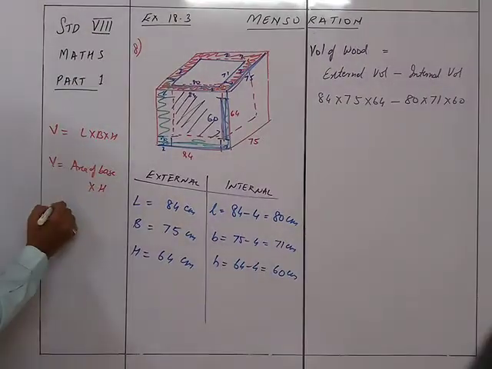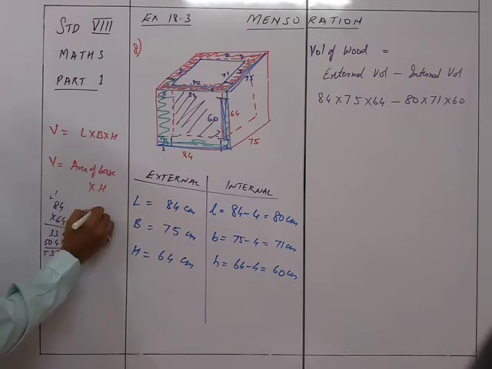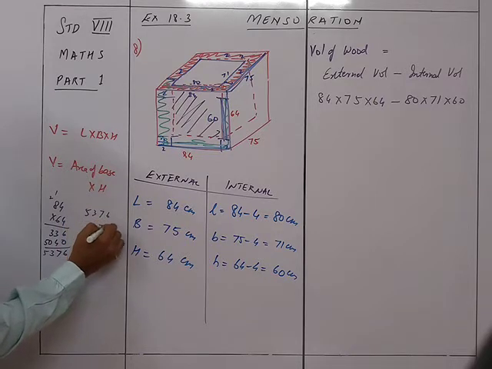So it will be 84 into 64. 4 fours are 16, and so on, which gives 5376, into 75.